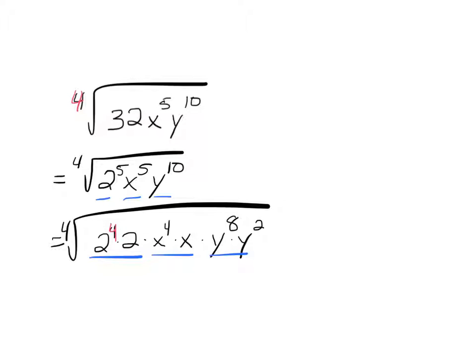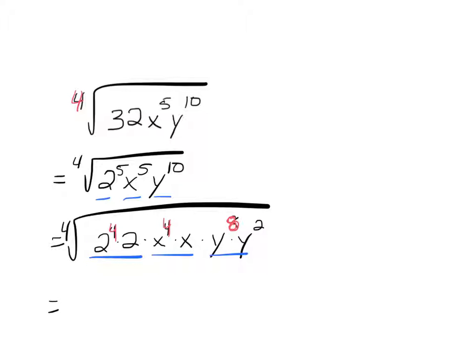It's important to remember that the first parts of all of these were the nice parts, and the other is the leftover. The 2 to the 4th, the x to the 4th, and the y to the 8th are going to play nice with my 4th root. The 2, the x, and the y squared don't. What I'm going to do is apply the product rule of radicals, as discussed later, where I can break this radical up.